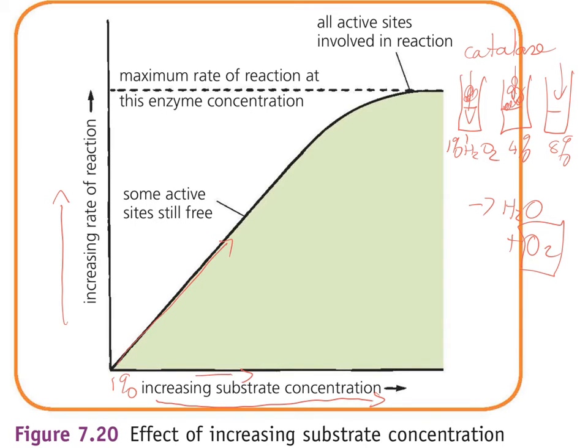As you start to increase the substrate concentration, say maybe we're looking at 4% hydrogen peroxide here, you've got a situation where you've got your enzyme, your catalase with their active site, you've got your hydrogen peroxide, and some of these are reacting with the active site, but some of these enzymes are still free because there's not enough hydrogen peroxide to fill all of those active sites.